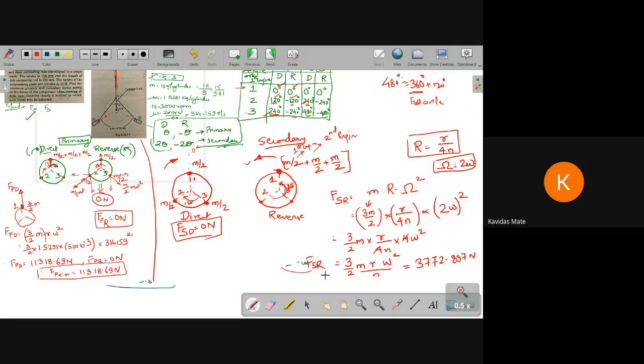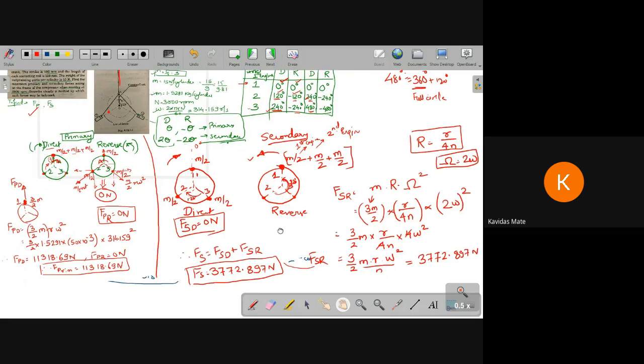So this is the secondary reverse force and secondary direct is this one. So Fs would be Fsd plus Fsr. So Fs total would be 372.897 Newton. So this is the secondary, this is the primary.